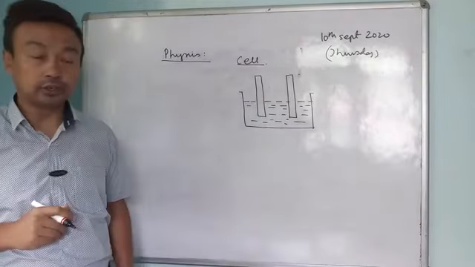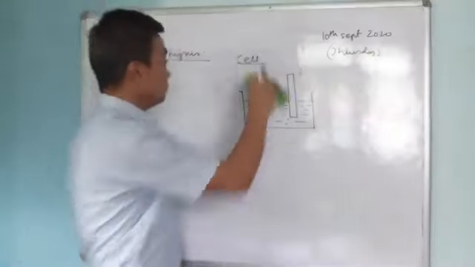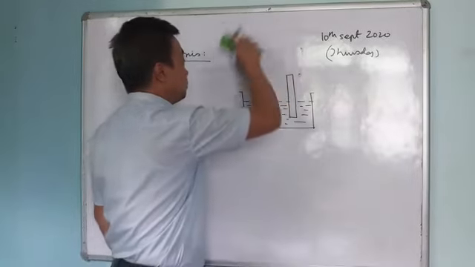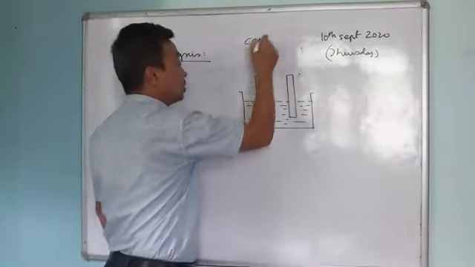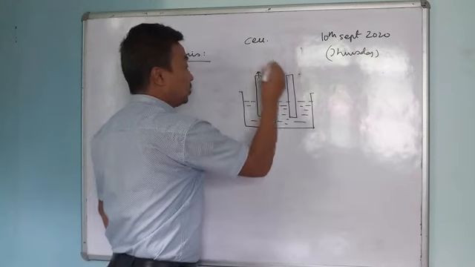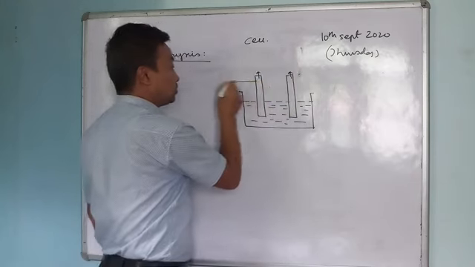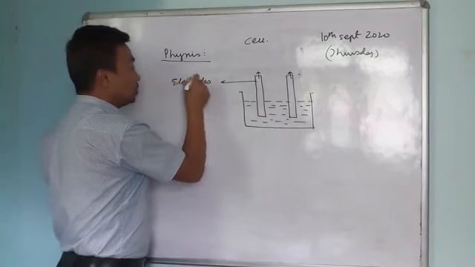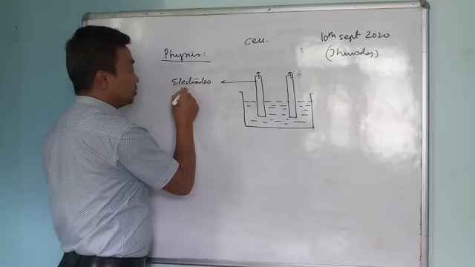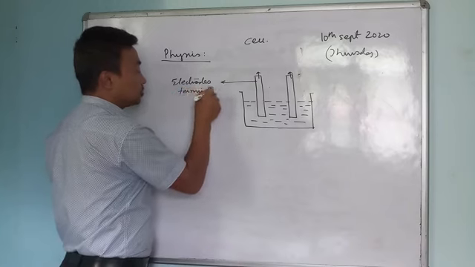So this now constitutes a cell. Some of the terms used here: these two are called the electrodes, also known as the terminals.